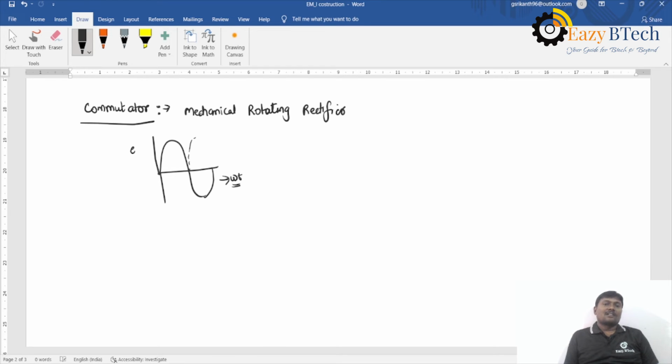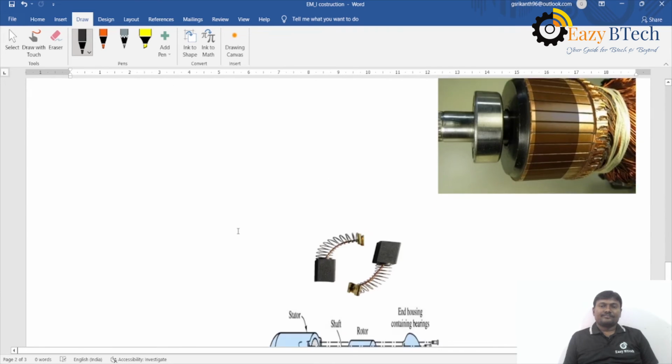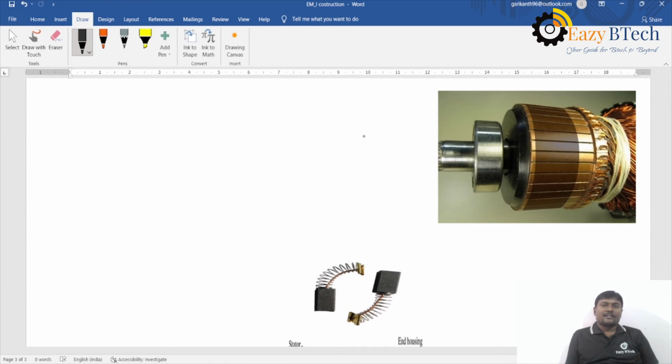The EMF which is induced in an armature conductor is alternating. The negative half cycle is converted into the positive half cycle with the help of this commutator.